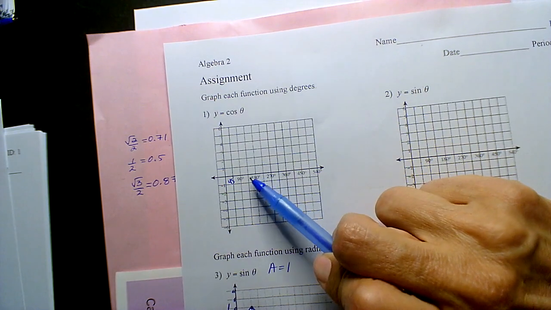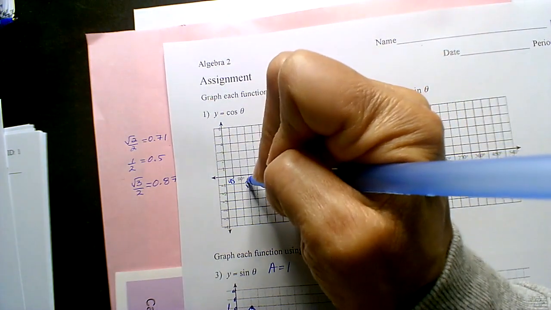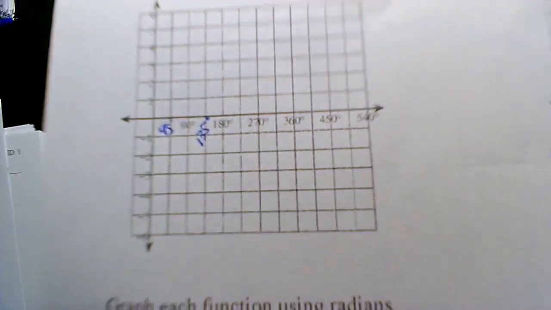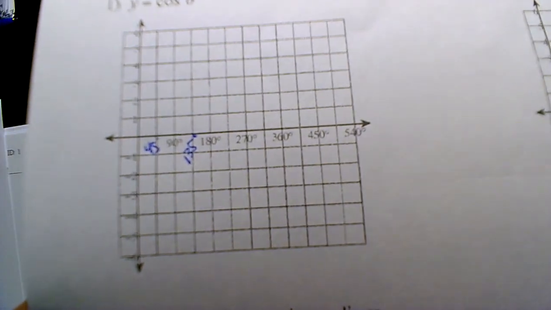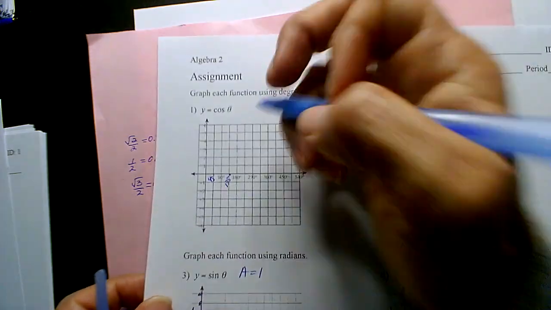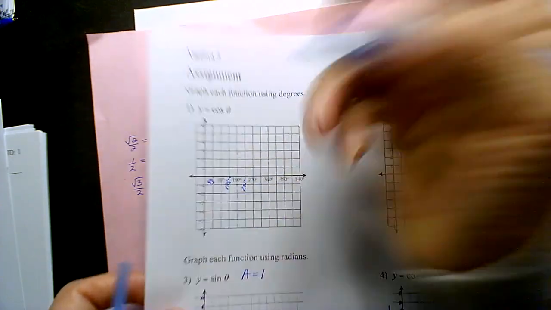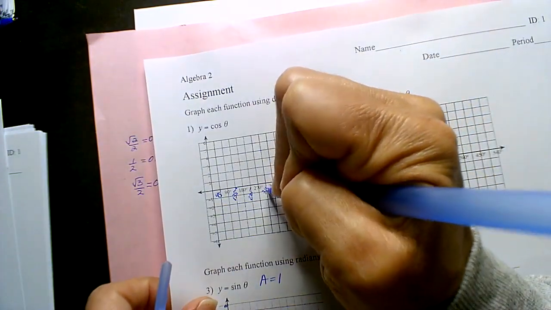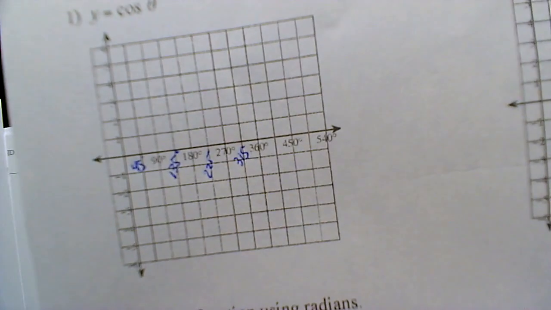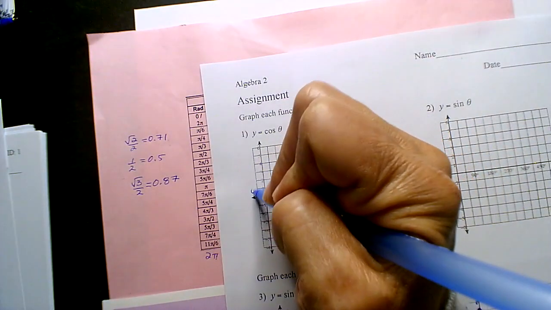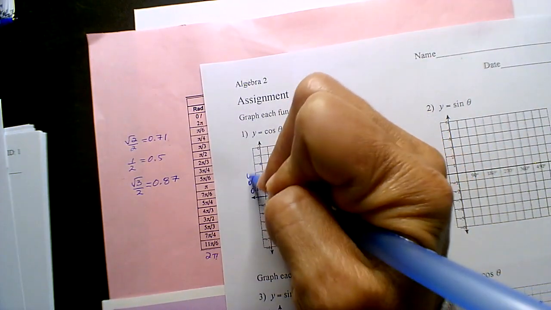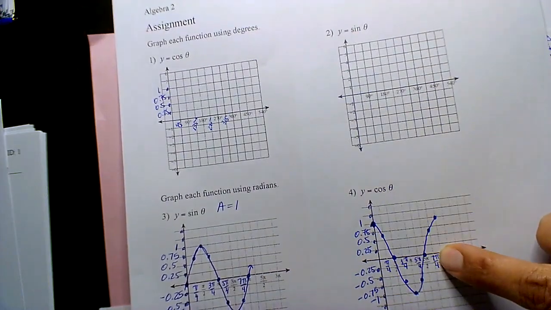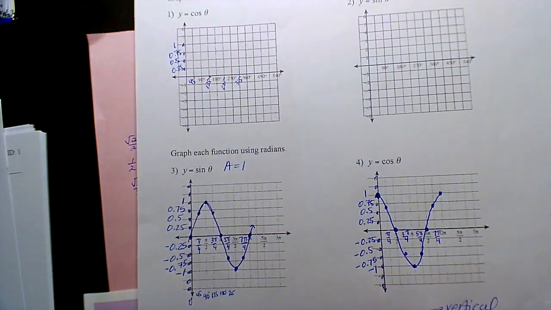Pi is 180, but what's 3 pi over 4? 135 degrees. So really it's going by 45. So 45, 90, 135, 180, 225, 270, 315, 360. That's identical. And so then here, same thing. Do your quarters. And then this is going to be identical here, and this one will be identical here.